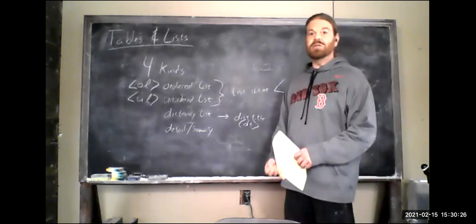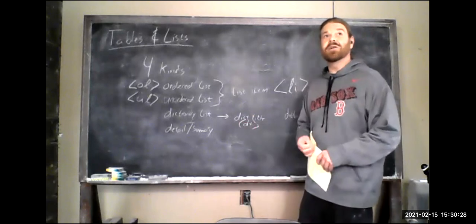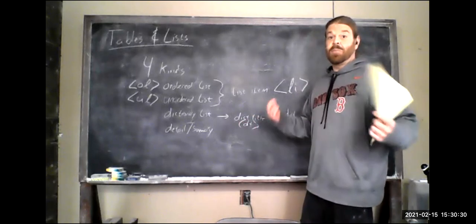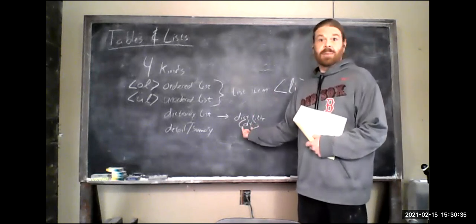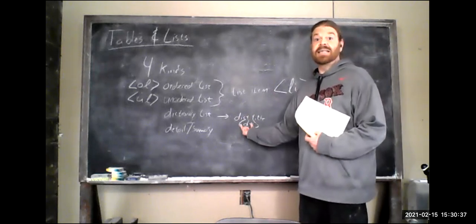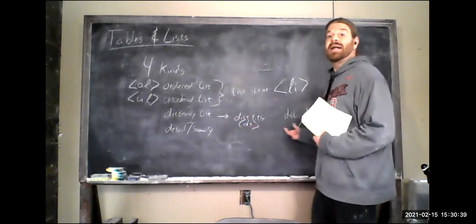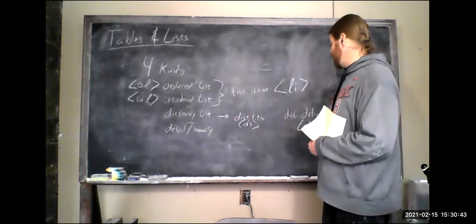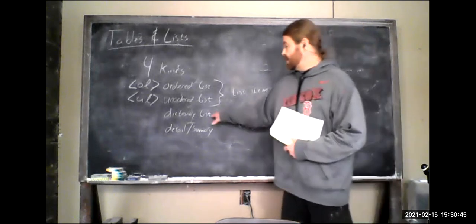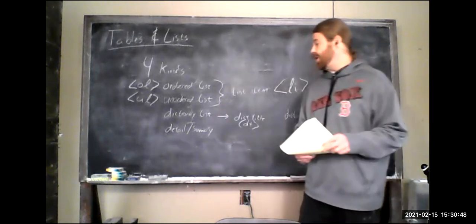It is intended to look like a dictionary, right? If we open a dictionary and look up a word, the word we're looking up and perhaps the phonetic pronunciation of it is going to be formatted differently than the definition. That way we can single out the parts of it individually. And that's what's intended to be used for a dictionary list.